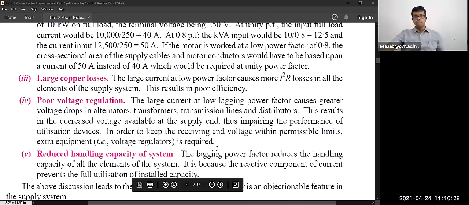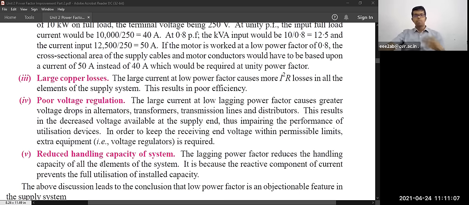In order to keep the receiving end voltage within the permissible limits, extra equipment, that is a voltage regulator, will be required. So we need to install voltage regulators for all the appliances in our home: refrigerators, ACs, older TVs, and even the LED TVs also. They ask us to go for these regulators even though regulators are installed inside the equipment itself.